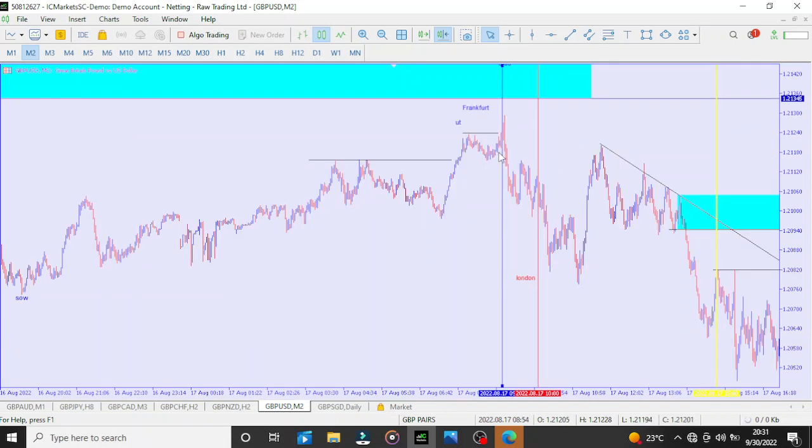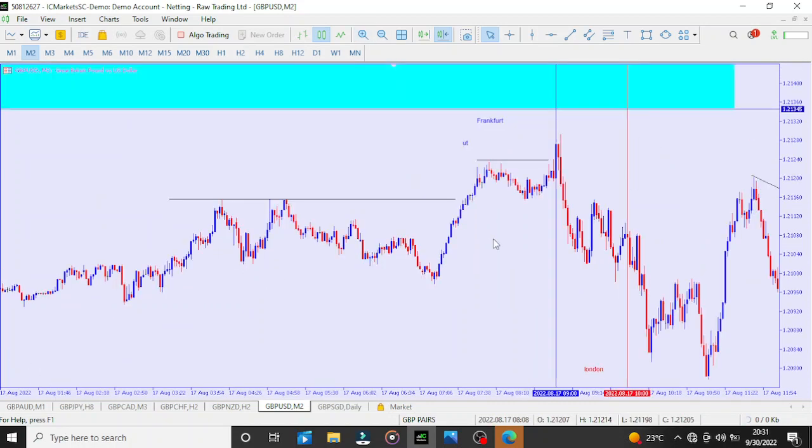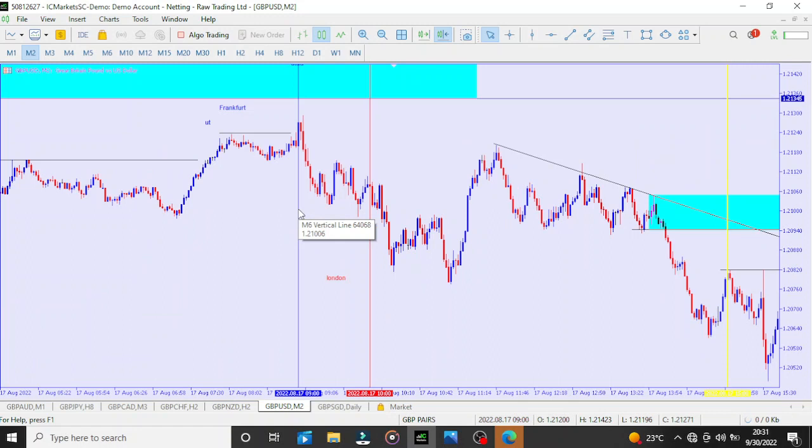Frankfurt opened, which manipulated these equal highs, grabbed the liquidity, and continued to the downside and created this bearish order flow. And around this time, London opened and it continued with this bearish order flow.